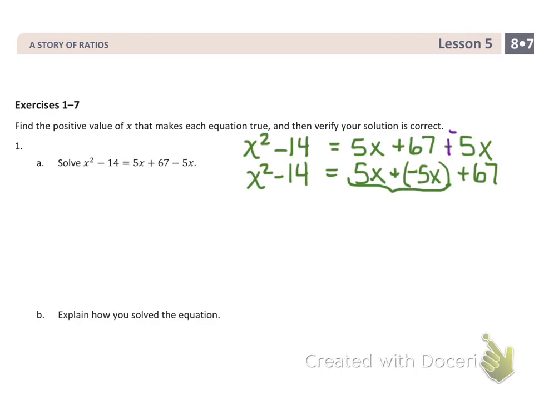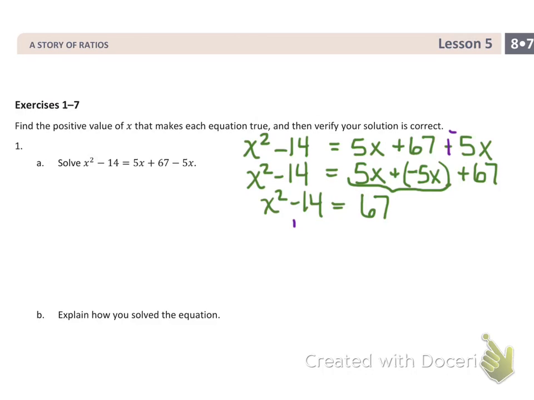Not really a necessary step, but when you're just getting going, it helps. x squared minus 14 is equal to, now 5x plus negative 5x is 0. So this is just 67 on this side. So now all I've done so far is just simplify the right side of that equation.